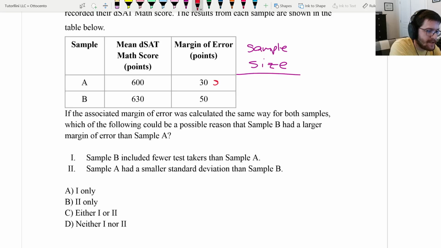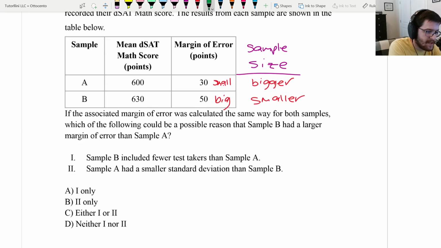Okay, so this one has the smaller margin of error, and this one has the bigger margin of error. Sample size and margin of error are inversely related. So the smaller margin of error means a bigger sample size, and bigger margin of error means a smaller sample size. And let's see, sample B included fewer test takers. Oh, well, sample B had the smaller sample size.